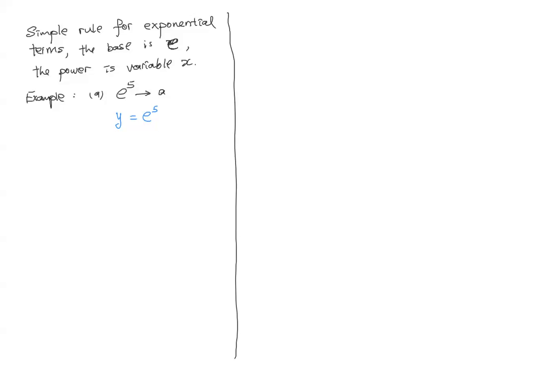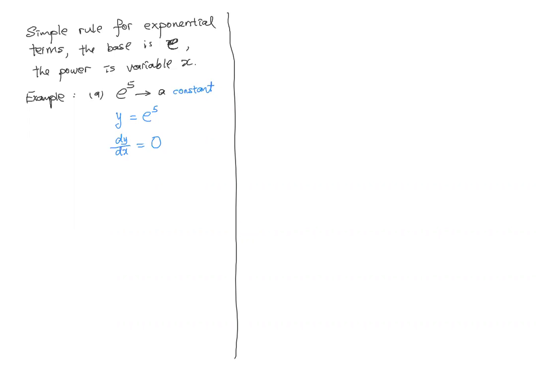Does your y depend on x? No. If anything doesn't depend on x, it doesn't change, so we call it a constant. A constant doesn't change, correct? So what is the rate of change of y? 0. So that is the first thing. When you see e to the power of a number and it doesn't depend on x, you know that is a constant and the derivative for that term is 0.